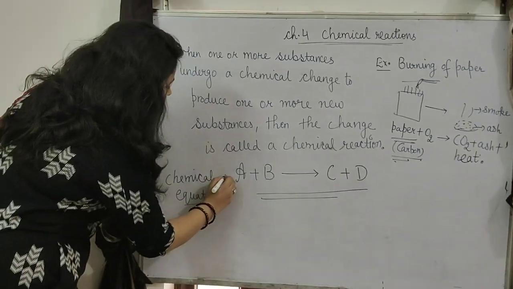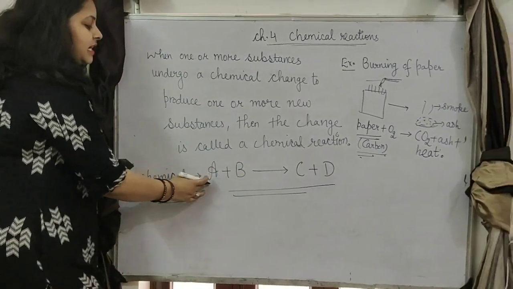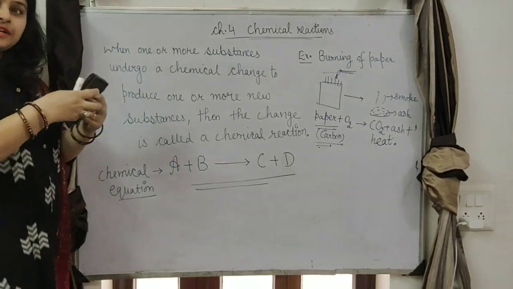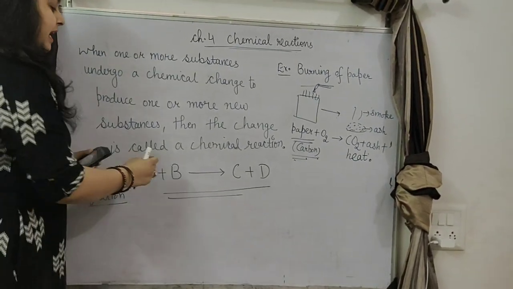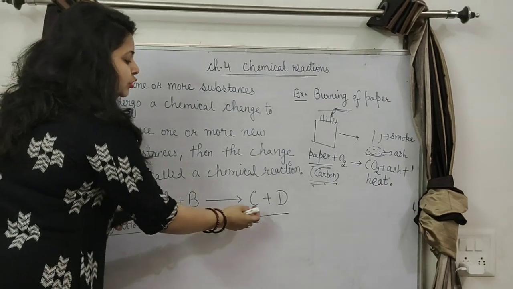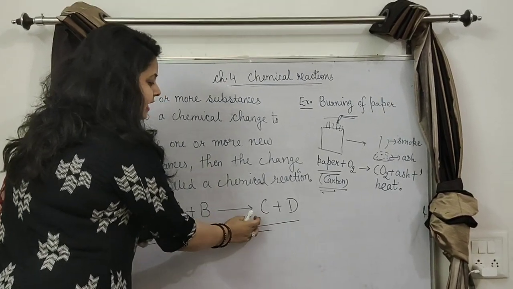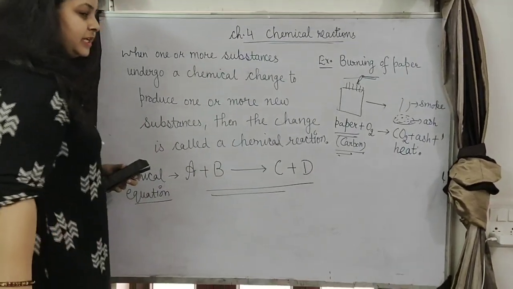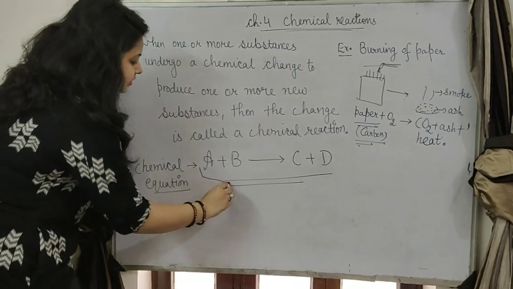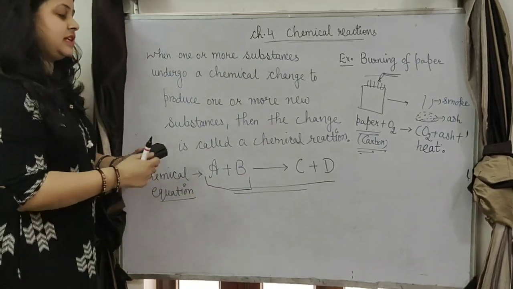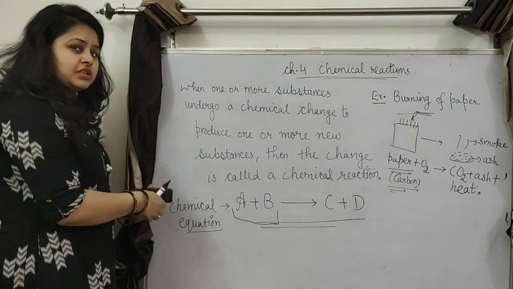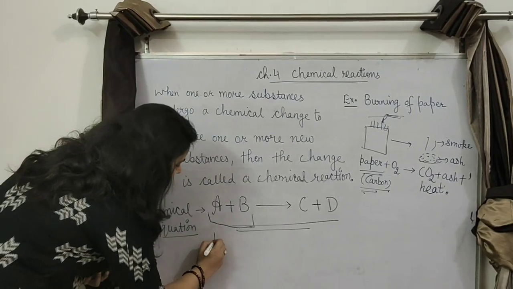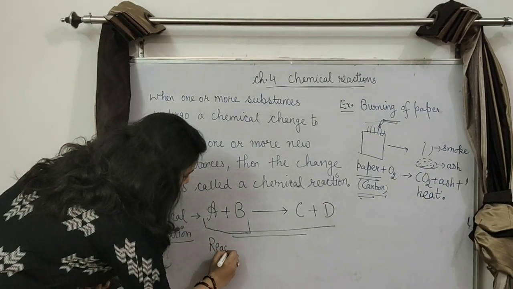This equation is telling you that A and B both are reacting with each other and give you what? Two new substances that are C plus D. And here these two substances that are present before change are known as what? Reactants.